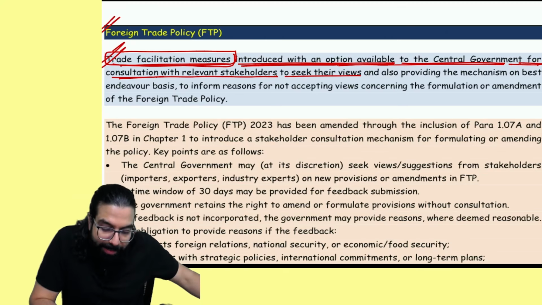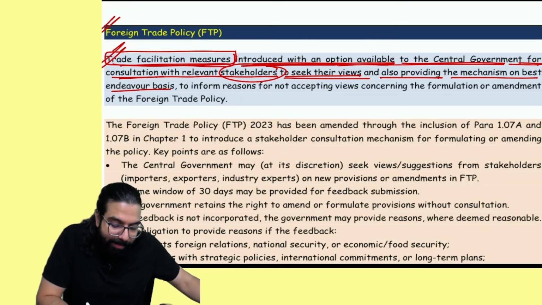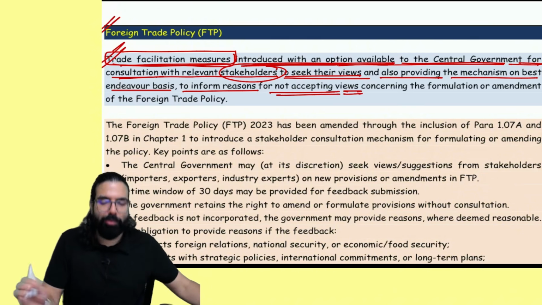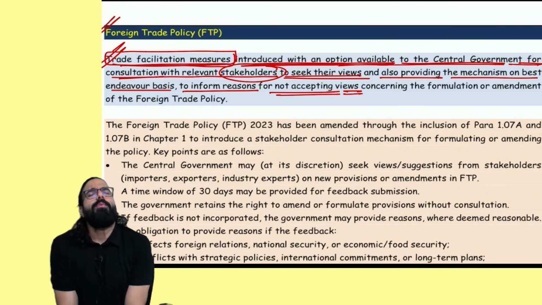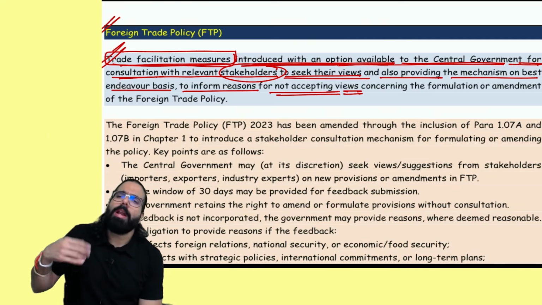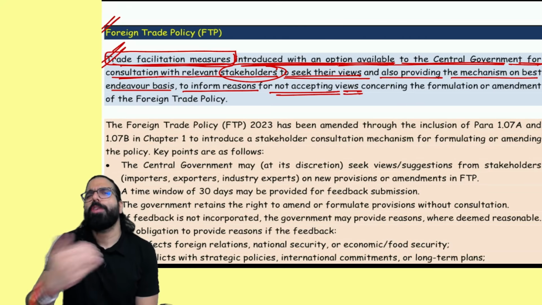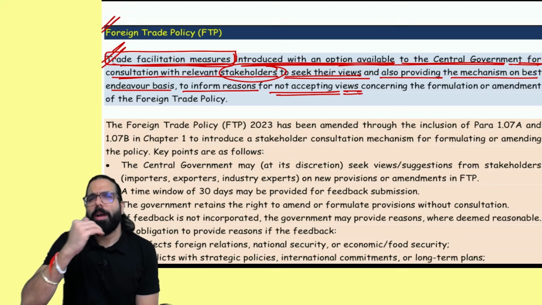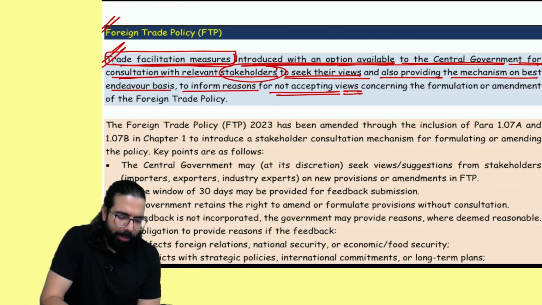So, to seek their views, whoever the stakeholders are, and also provide a mechanism on best endeavor basis to inform the reason for not accepting the views. Basically, government is telling that if we introduce any measure beneficial for the industry, we can ask the industry people what their suggestions are, and government can take them.